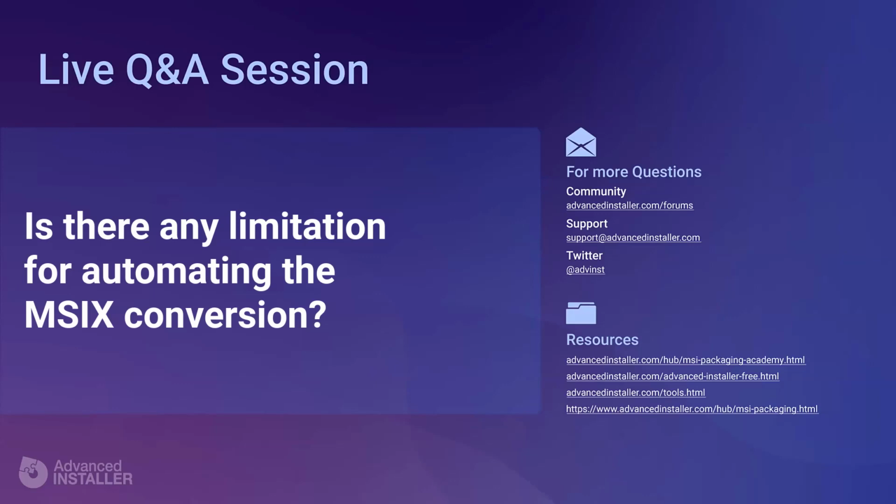But that is based on, I don't know exactly the name of the technology from Microsoft that we've been using to automate that process. But what I can tell you is that it's not 100% reliable. It depends on the technology that was used to build the UI of that installer. So if it's something standard, it should work without any problem, even if there are no command line switches.